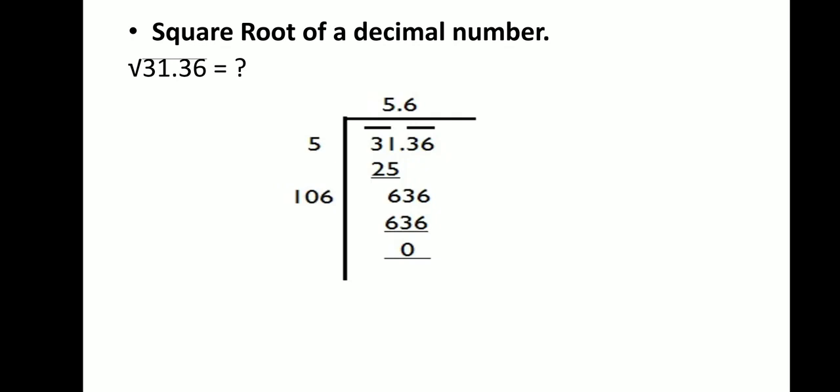Now I need to find the largest possible digit to fill the blank along with 10 and along with 5 point in the quotient, which will also be the new digit in the quotient, such that when the new divisor is multiplied by the new digit in the quotient, the product is either less than 636 or equal to 636. If I take 106 into 6, I will get 636, and the remainder is 0. So the square root of 31.36 is equal to 5.6.